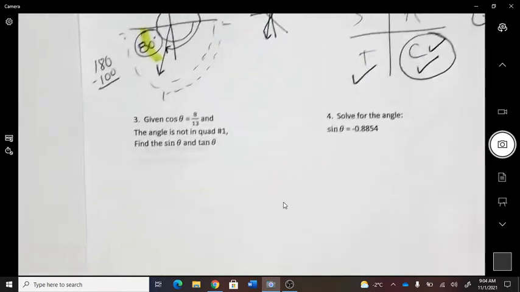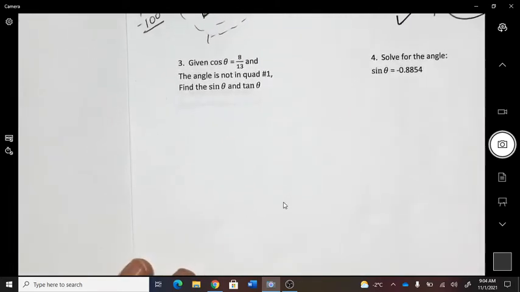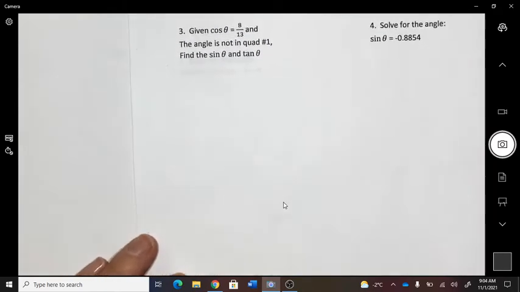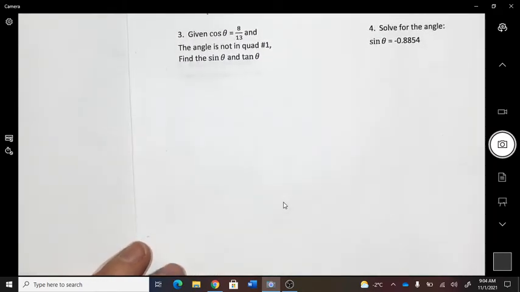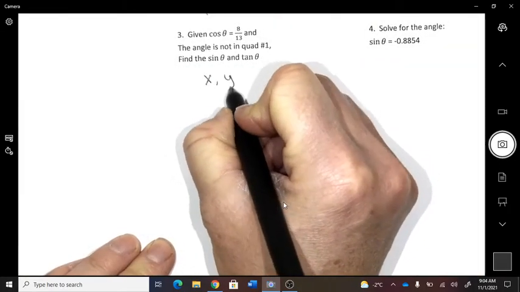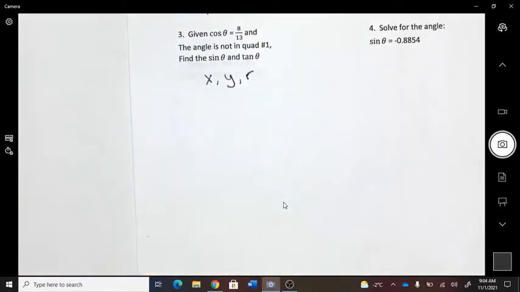Okay, quadrant 4. Given the cos ratio and the angle is not in quadrant 1, find the sine and the tan of the angle. So I'm finding trig values. This is going to be the topic of the x, y, r stuff. I will provide these formulas for you on your test.